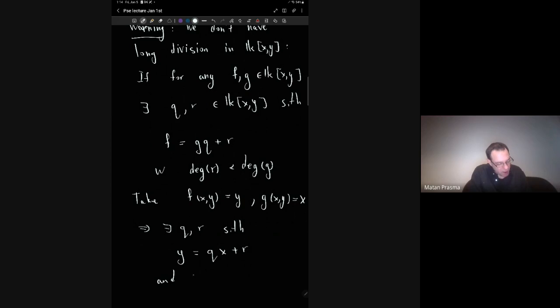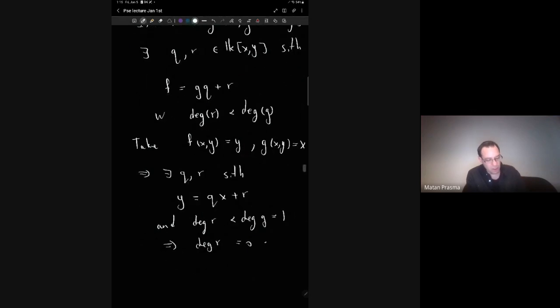And the degree of r, of course, needs to be smaller than the degree of g, but the degree of g is 1. So it means that the degree of r is 0, which of course means that r is an element in the field. It's simply a constant polynomial.